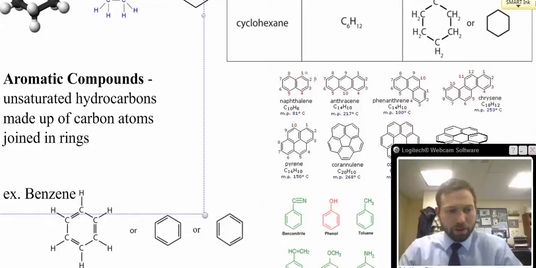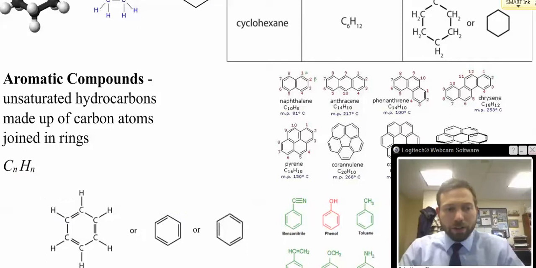They have a formula here, and it's CnHn. However many carbons you have, you have an equal number of hydrogens. The reason you have that is because it's unsaturated.